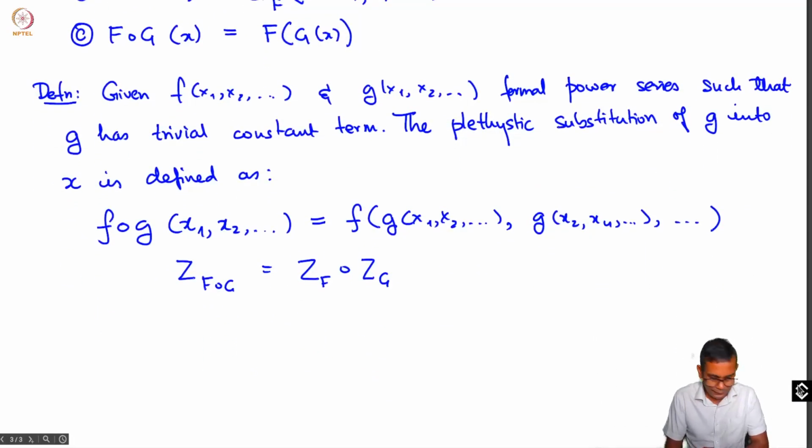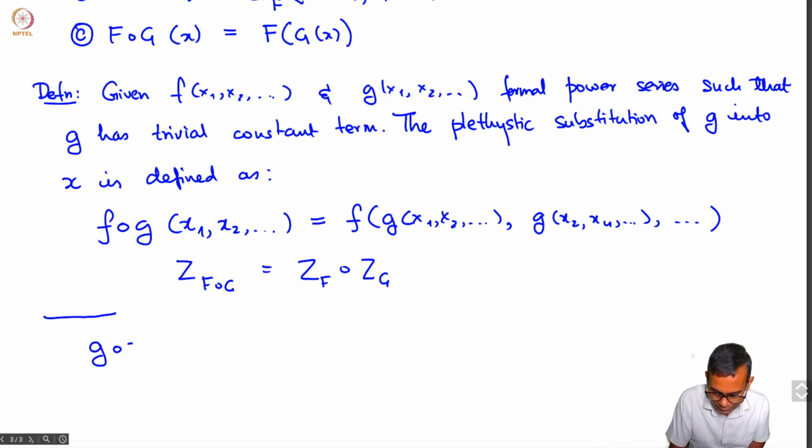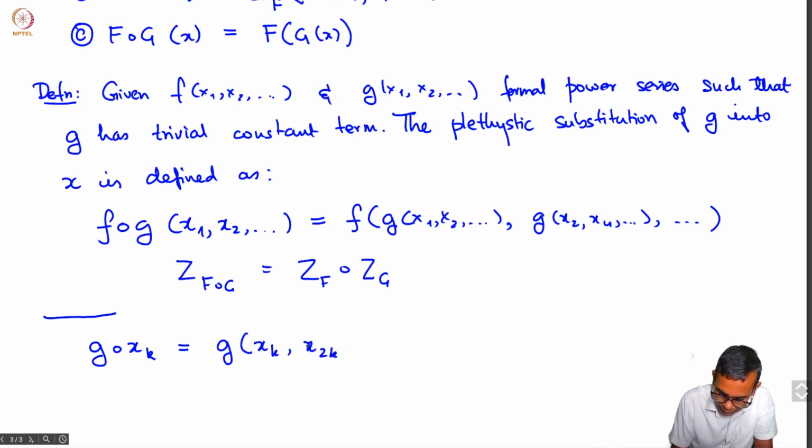Let's just look at a couple of simple examples of plethystic substitution. So what is g circle xk? Well, g circle xk means that you just take g and in place of x1 you put xk, in place of x2 you put x2k, because you have to double the index of the variables, x3k, and so on. And what is xk circle g?